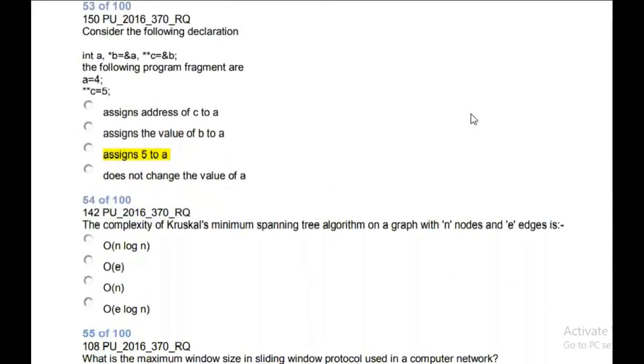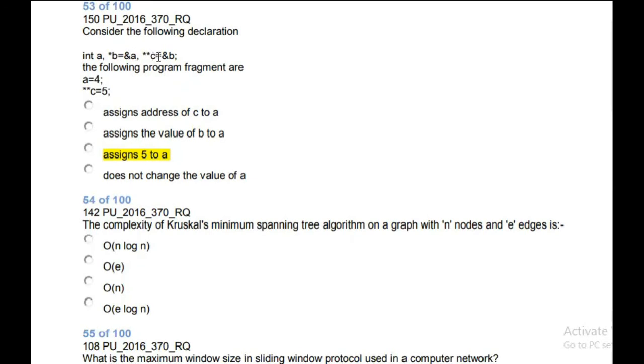Question number 53. Consider the following declarations. int A, *B = &A. So the address of A is stored in the value of B. Then *C = &B, where C and B are two address operators.